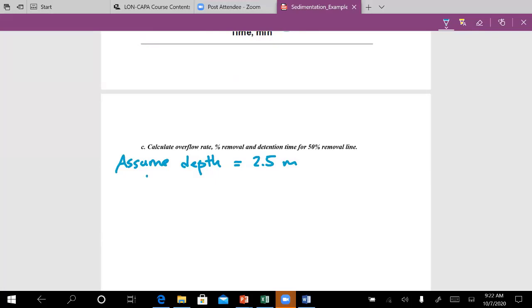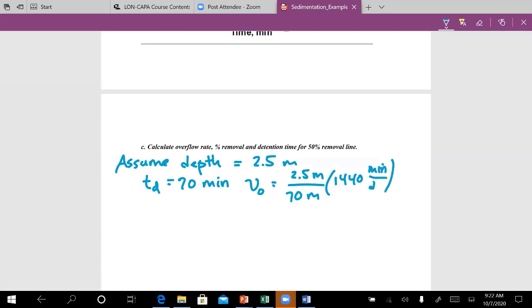If we have a detention time of 70 minutes, then we have an overflow rate of 2.5 meters divided by 70 minutes. Let's convert this to minutes per day. That gives us an overflow rate of 51.4 meters per day. You'll often see this written as meters cubed per meter squared per day.